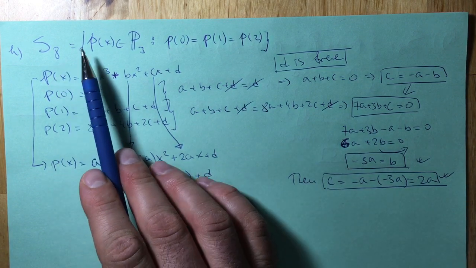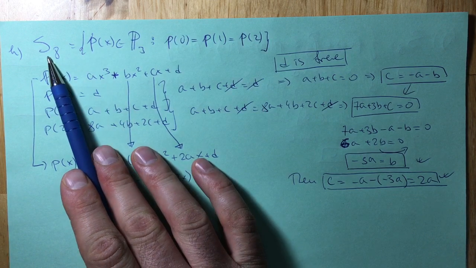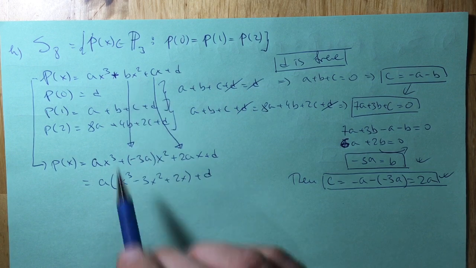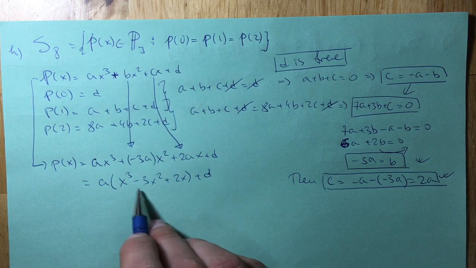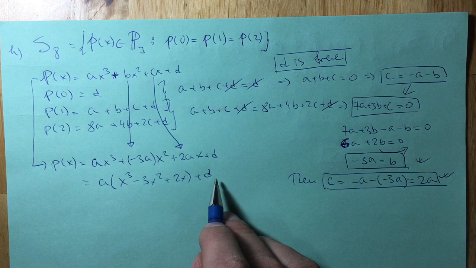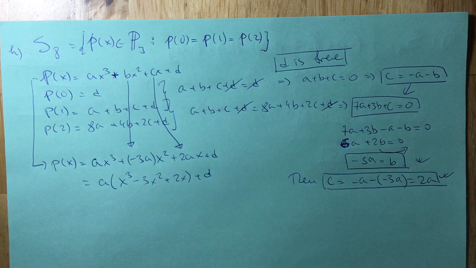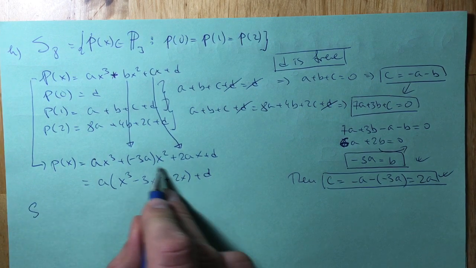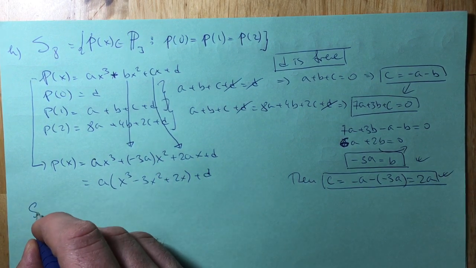Since S8 can be expressed as a span of vectors in P3, where those vectors are x cubed minus 3x squared plus 2x and 1, we conclude that S8 is a subspace, and its basis is just these two vectors, this one and the vector 1.